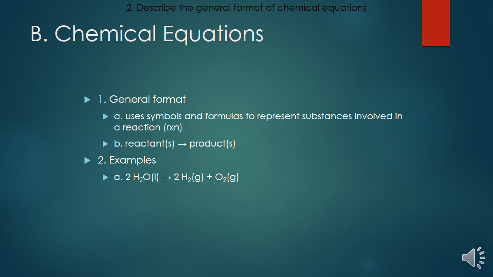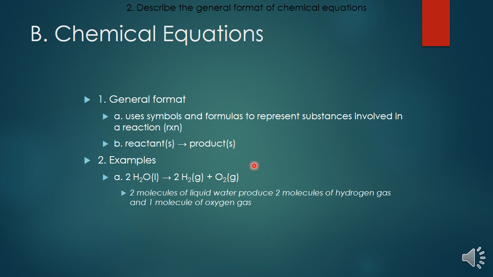Well, we could write this exact same equation using a sentence, and here's how that sentence might read, and this will help us understand some of these symbols we might not be familiar with. The sentence might read something like this: 2 molecules of liquid water produce 2 molecules of hydrogen gas and 1 molecule of oxygen gas. So from this sentence, you could probably see that the 2's out front of the water and the hydrogen are telling us how many molecules are involved.